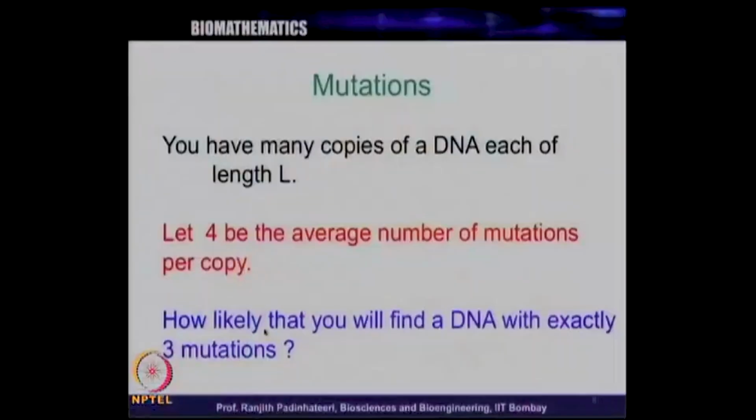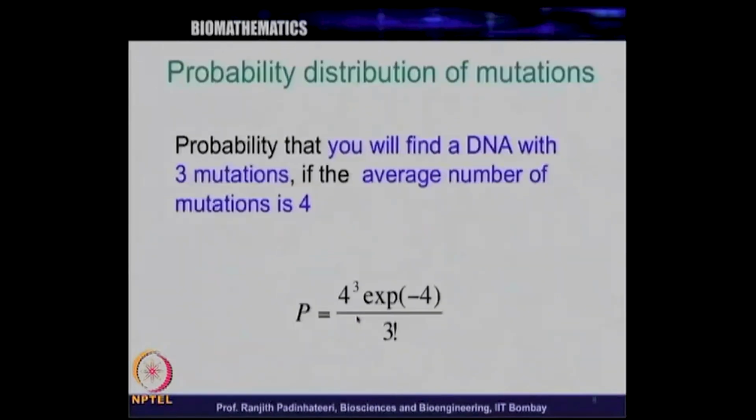The answer is given by something called the Poisson distribution. That is what we are discussing: if the average number of mutations is 4 per copy, how likely is it that you will find a DNA with exactly 3 mutations?